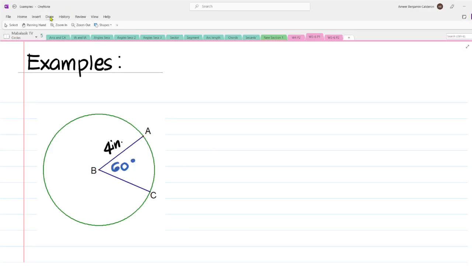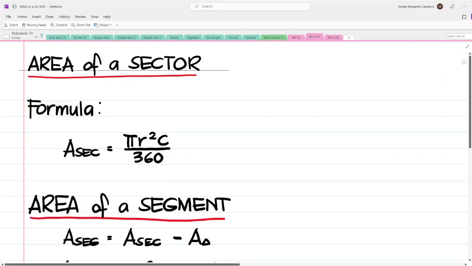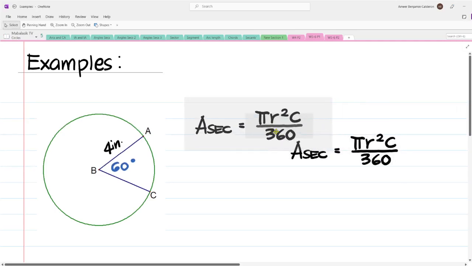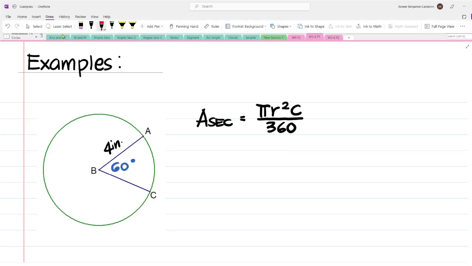Area of a sector is pi r squared C over 360. Since we already have our formula, we just substitute the values that we already have.